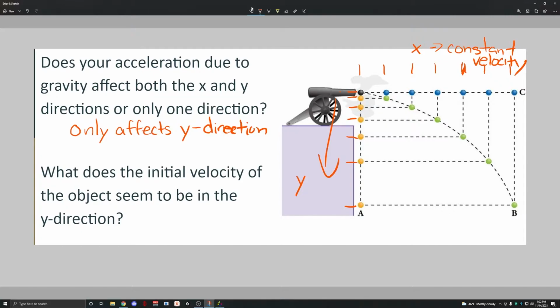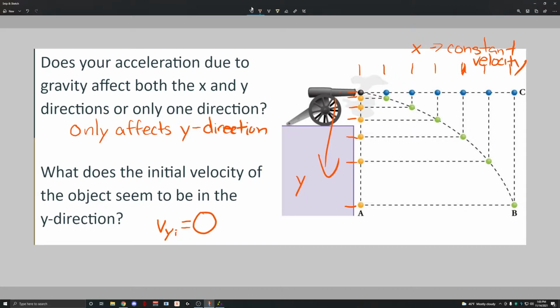Since our object is clearly speeding up, we must have started from rest. So our initial velocity in the y direction, vyi, where y is your direction and i is your initial, would be 0.